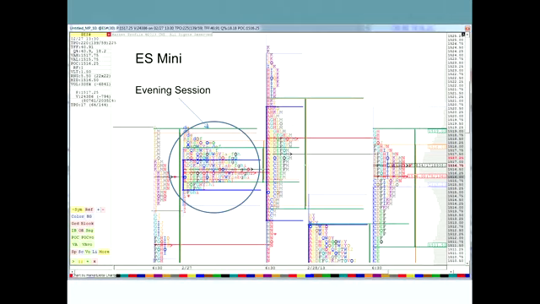So let's take a look here. We have the evening session, and notice all the reference lines. Now they're not labeled, but if you want to identify any of them, I can identify them for you. If you notice, we also have an initial range for the evening session. We have a price point of control, a volume point of control, value area high, value area low, and these other lines are from the prior session.